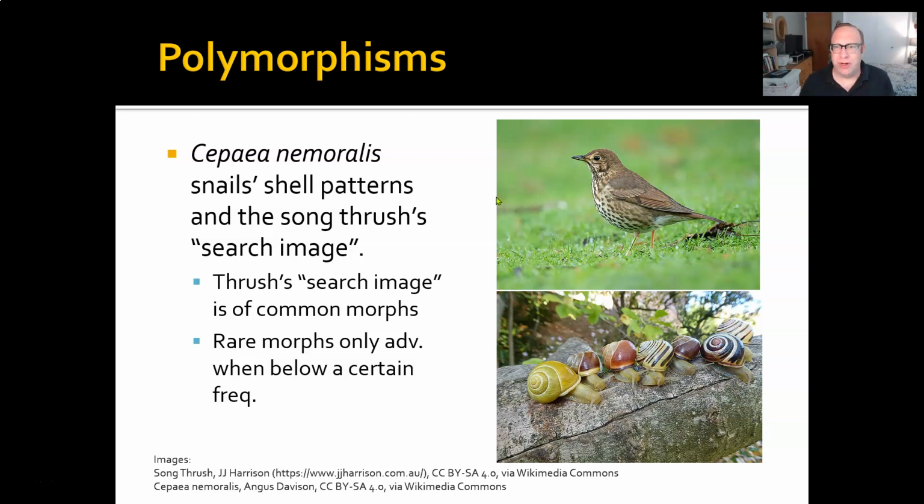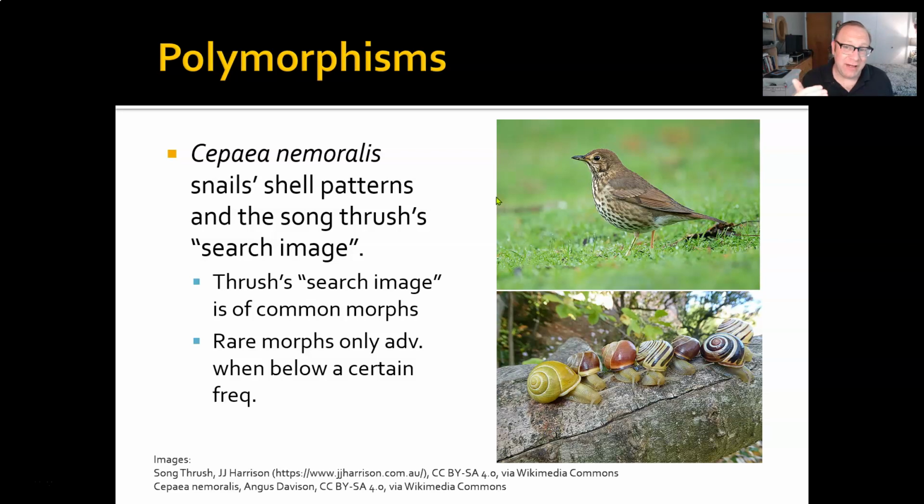But the song thrushes in their territory will tend to have a search image, it seems, of the shell pattern, usually of the most common type of Cepaea in that region. And so individuals with that snail pattern are the ones that the song thrush is going for. So if you have a variant that doesn't look like that, you are going to have an advantage over the other snails, because the song thrush won't be looking for you.